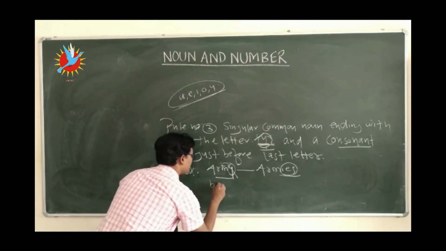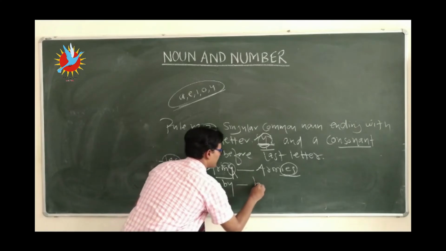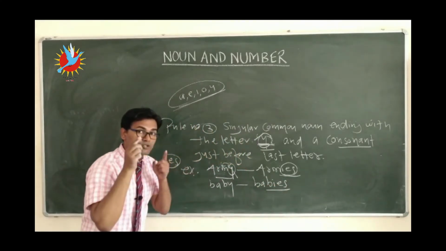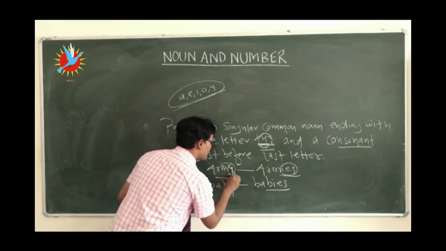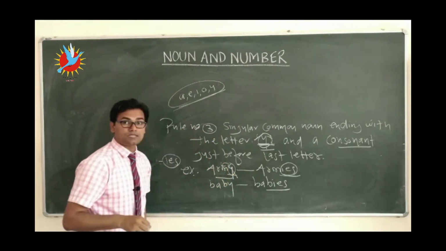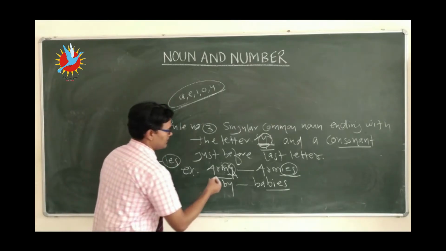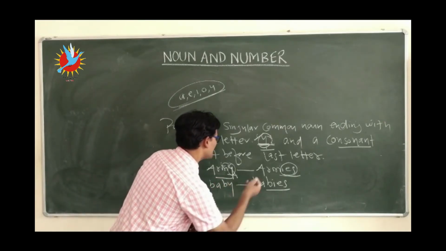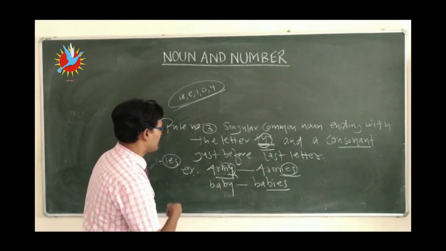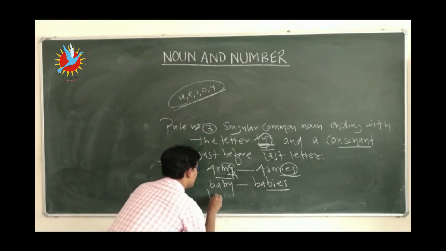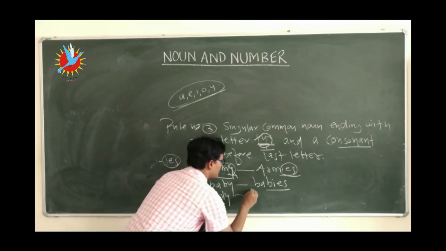Okay, one more example, baby. Babies. Please do remember, just before the last letter there should be a consonant letter according to rule number 3. Here army becomes armies, baby becomes babies, and lady becomes ladies.